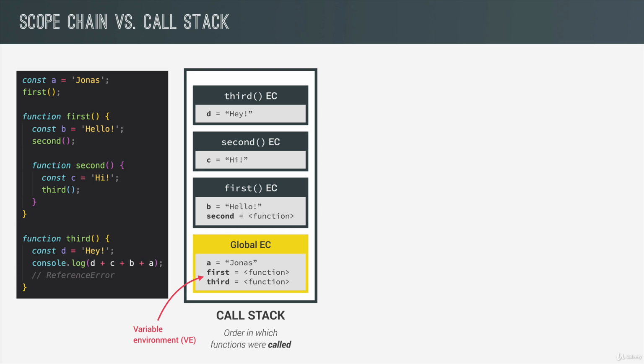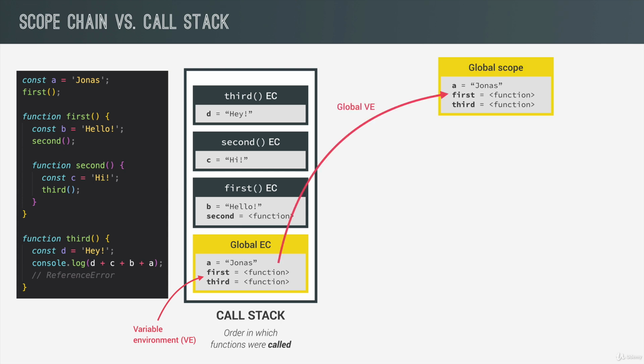Okay, and now that you did that, and we have all these variable environments in place, we can actually start building the scope chain. As always, we're going to start with the global scope.